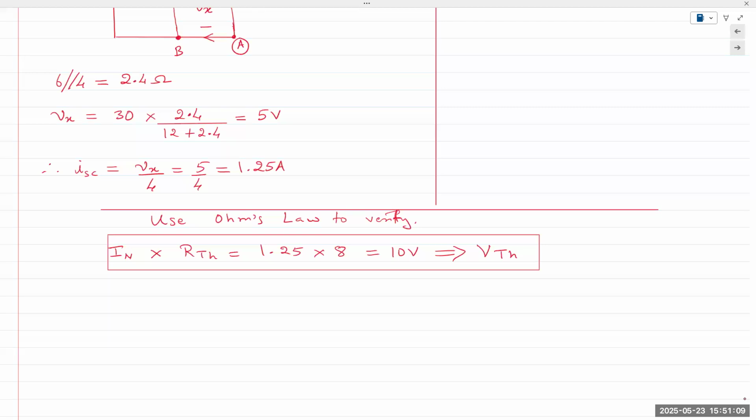Make sense? And that's why we use Ohm's law at the very end for verification. We can use it for analysis during the problem, but we should not be using it to directly determine the values for any of those quantities.